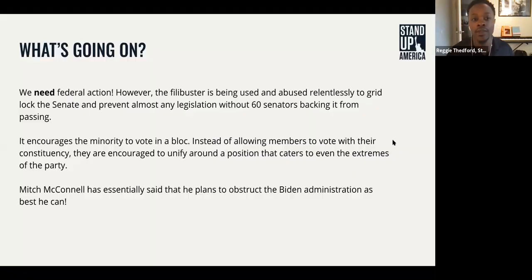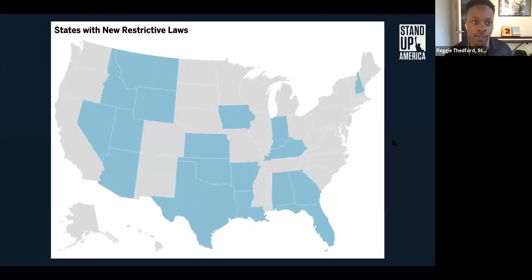All right, and then if we look at the map here, you might wonder why these states are passing restrictive voting laws. I can't exactly give you an answer why, but I can theorize. My theory is that most of the states here that have passed restrictive voting laws, with the exception of Texas, Wyoming, and Montana, all have a 2022 Senate race coming up.